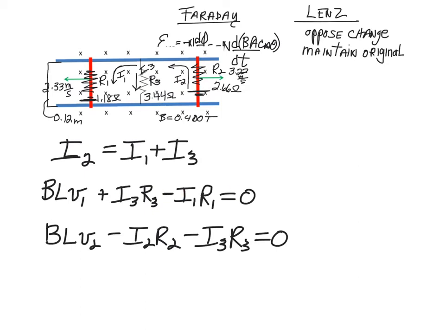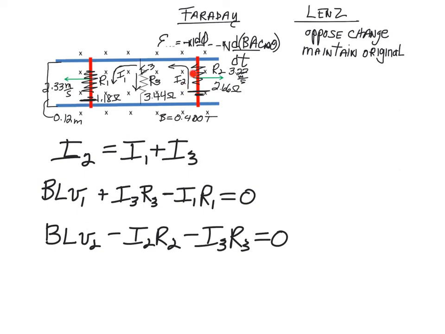And then we need the 2 voltage equations, sum the voltages. So if I start here at this imaginary battery, that's the induced EMF. So that's BLV1 for this circuit in this direction. And since I go in this direction, I'm going opposite the direction of I3, so I have to make that positive. Remember how to do the Kirchhoff rule, I3R3 positive. But I go in the direction of the current through resistor 1, and so that's negative.